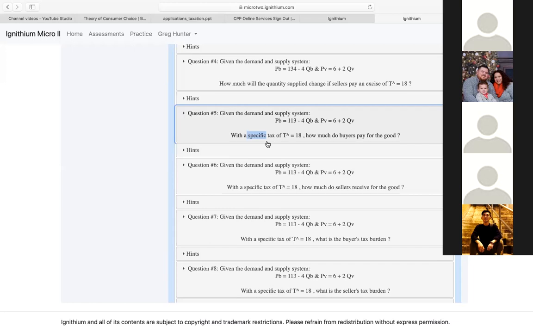But a specific tax is sometimes called an excise tax, and it's based on the quantity of the good. So to give you an example, if you go down to the gas station and you look on the side, have you ever done that, Priscilla? There's a little plaque on the side of the pump. Do you know what I'm talking about? It says what the taxes are.